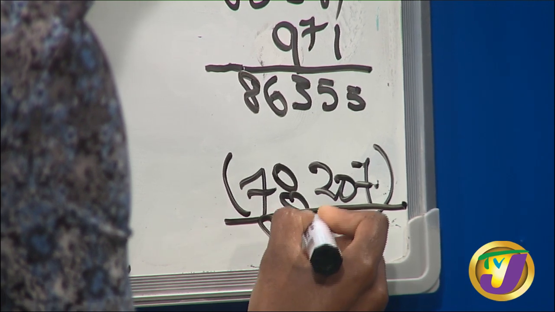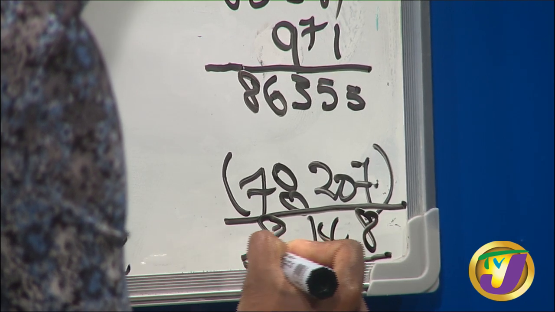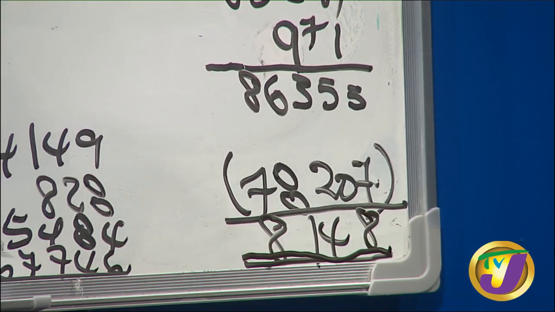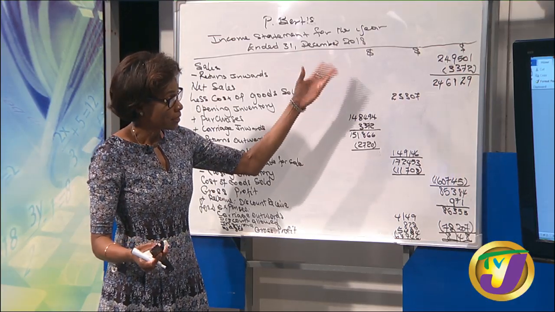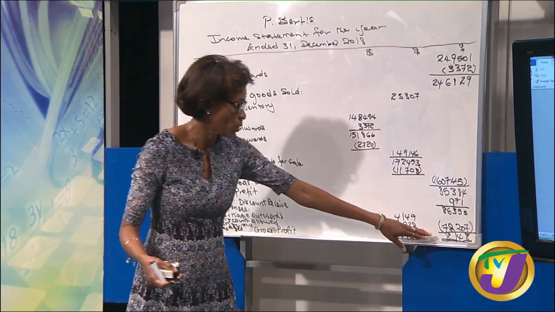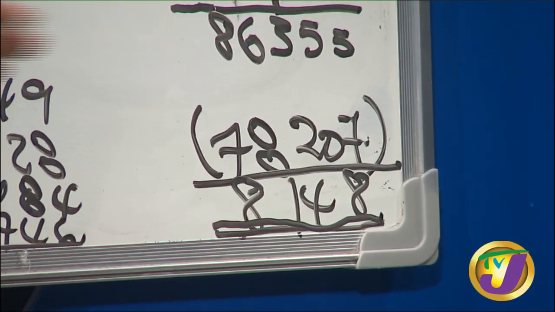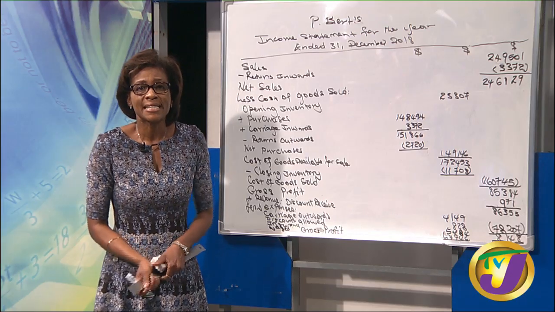So our net profit is going to be $8,148. Right? So at the end of trading, this is what we have after we purchased and sold goods and paid all expenses. This is what we have on hand.